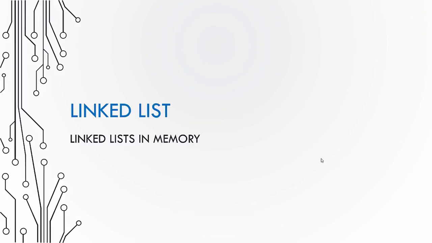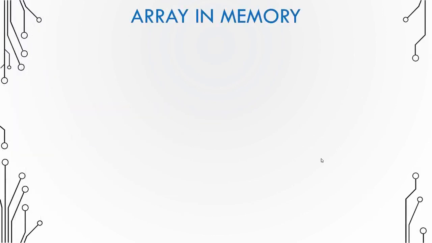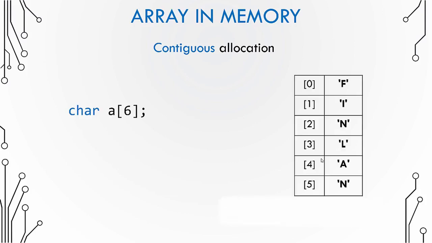Let us talk about how linked lists are organized in memory in this video. Before we go ahead, let us see how arrays are allocated in memory. Arrays are allocated continuously. When you declare an array, the compiler allocates a block of memory corresponding to the size of the array. In this case, the array is of characters and it has 6 elements.